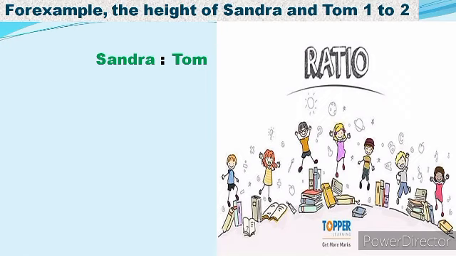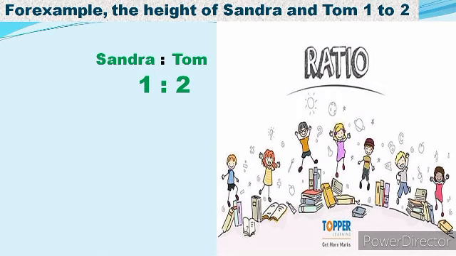Now I want you to know that to represent a ratio you will use the colon. So that's why I'm using Sandra colon Tom. That is Sandra ratio Tom. Therefore, Sandra is 1 while Tom is 2 respectively.